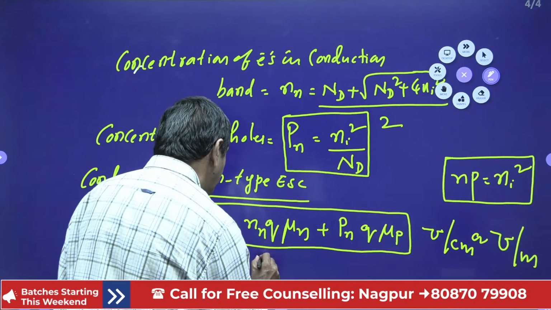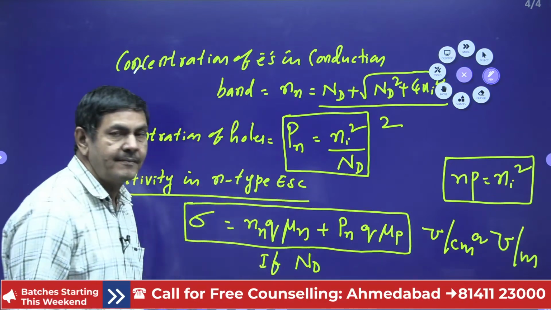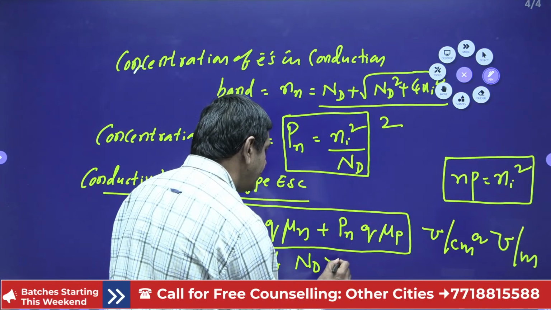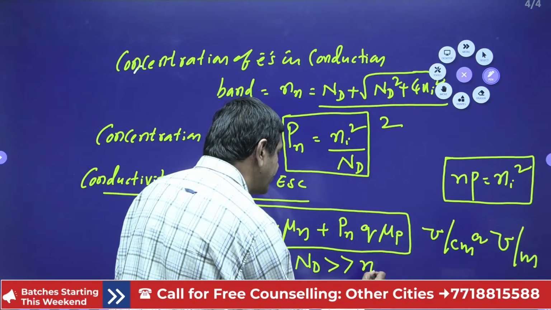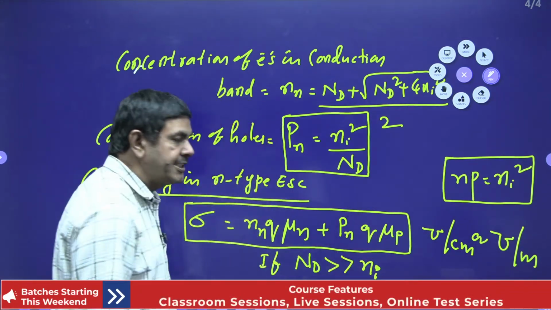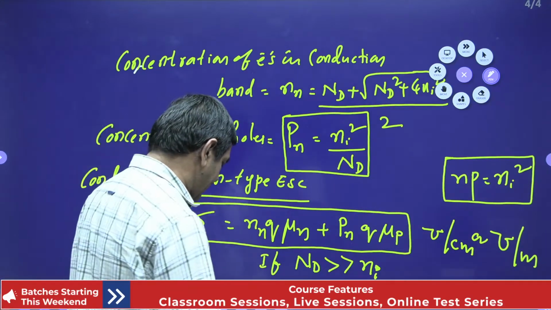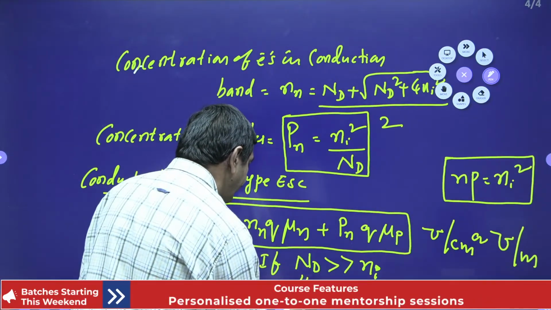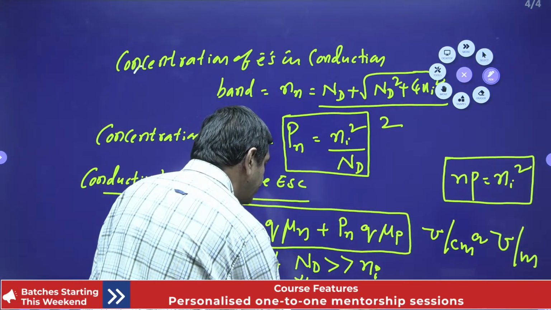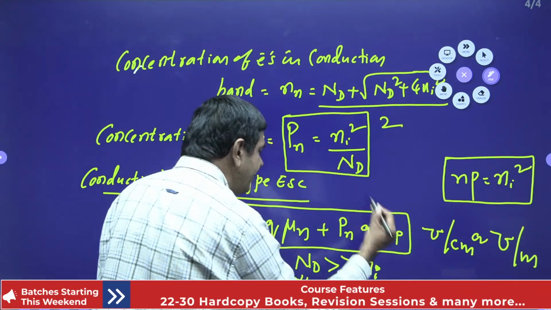If the donor concentration Nd value is given in the problem, and Nd is given very, very large as compared to the intrinsic concentration Ni, then you can say directly that Nn is approximately equal to Nd.